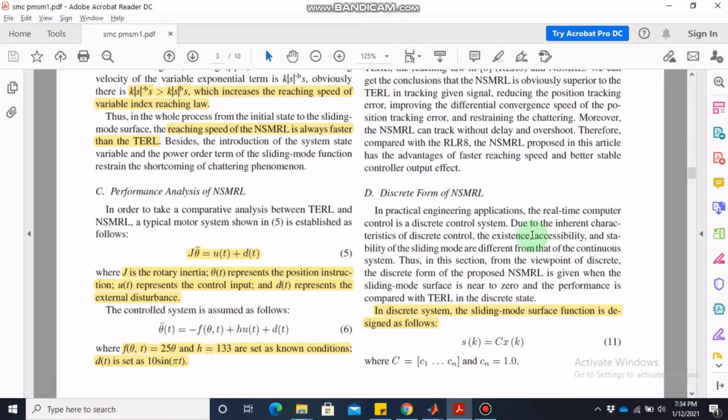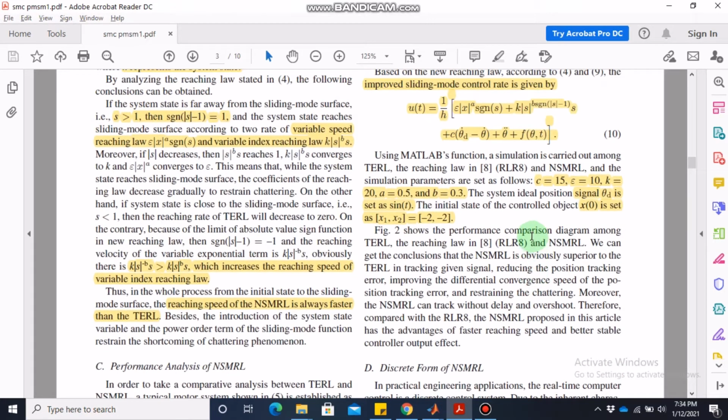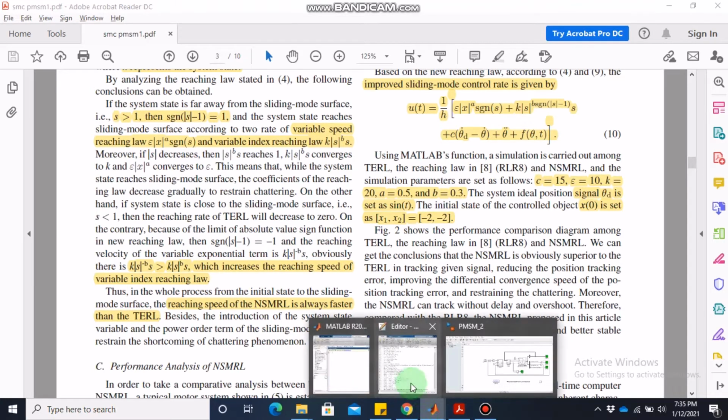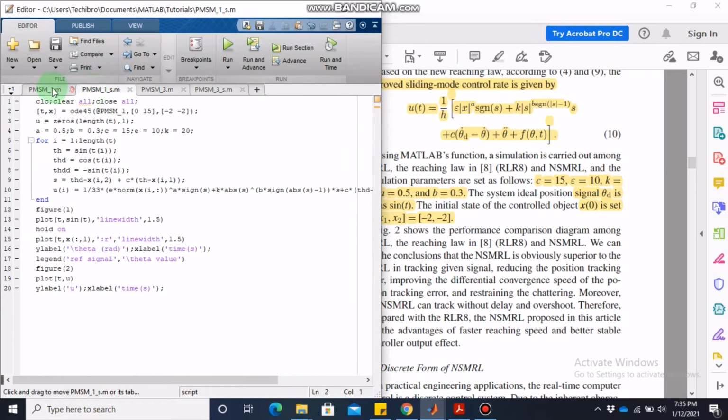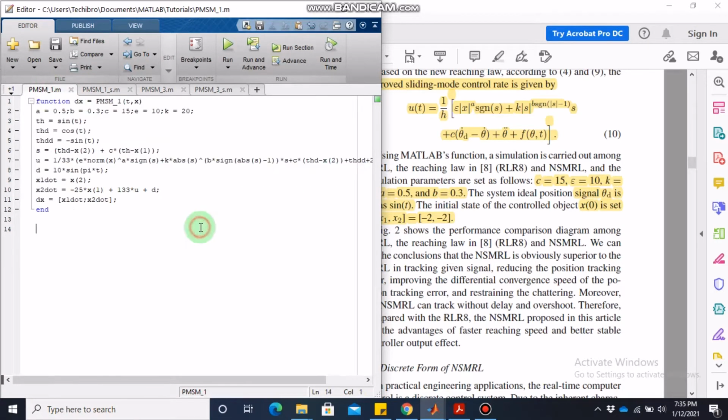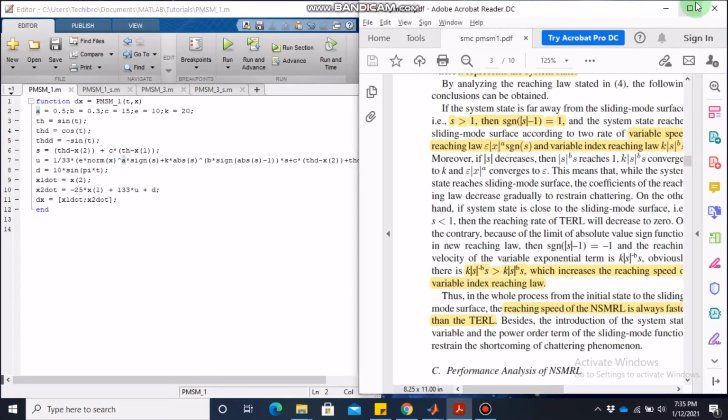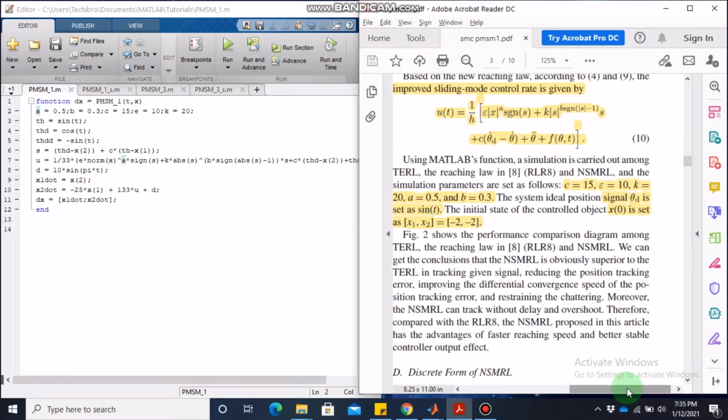If you go to MATLAB, I have already written the code for it in order to save some time. It is a very simple and short MATLAB code. Here are the values of some coefficients.